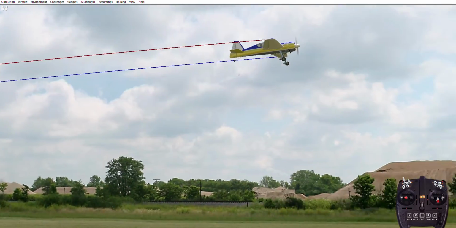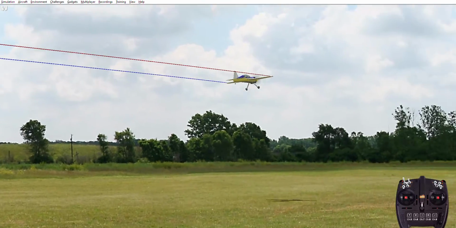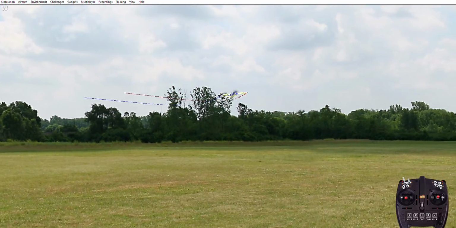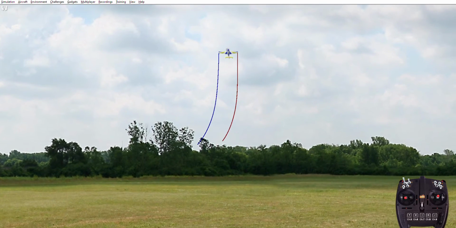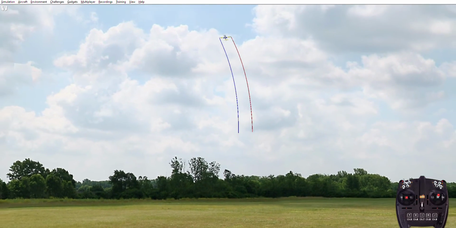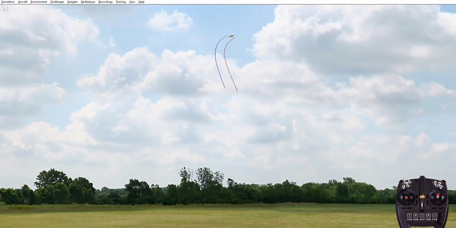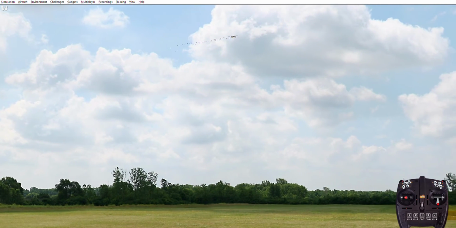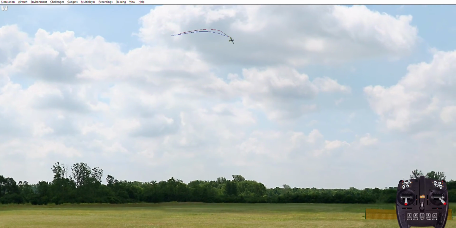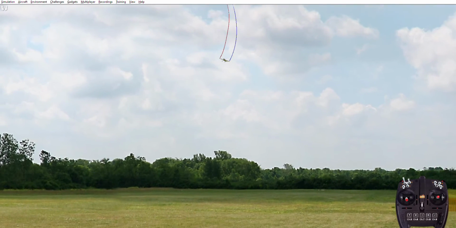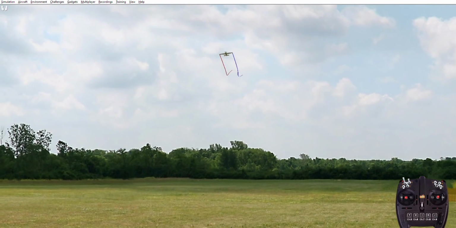The next thing I want to talk about, which is really important, is stalling as part of your landing approach. If I'm up here and I stall my plane, it's fine. I'll stall it, but I've got time to recover.